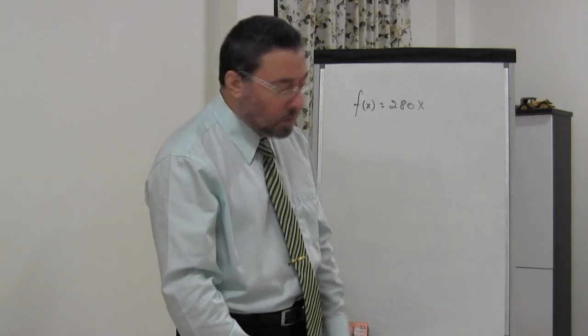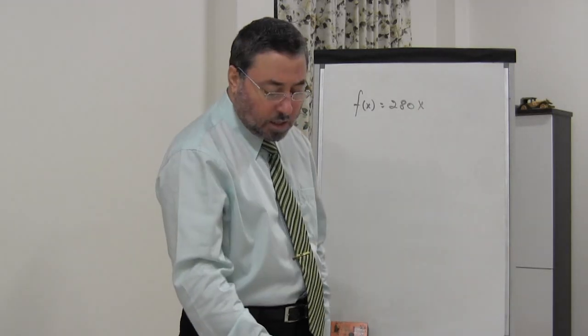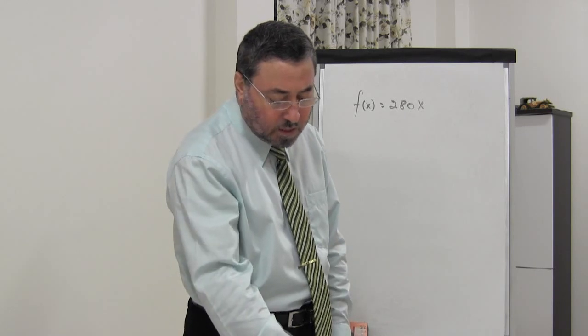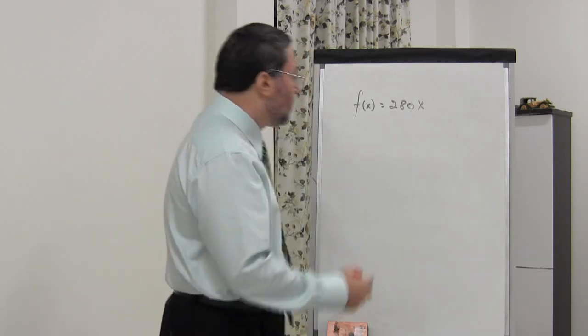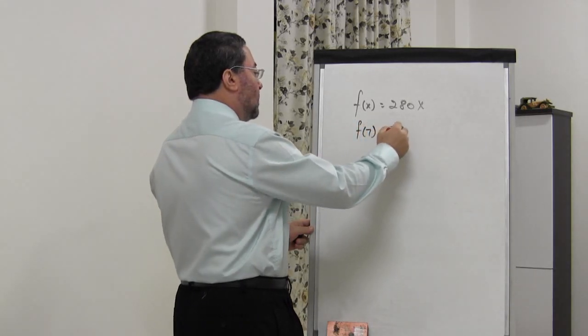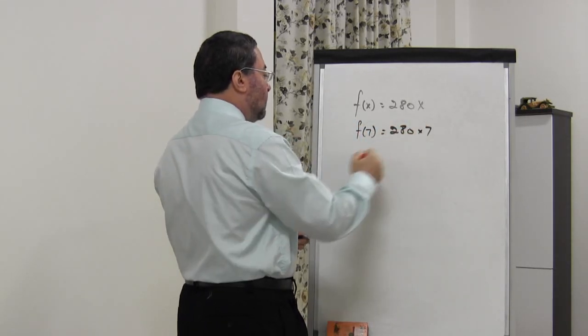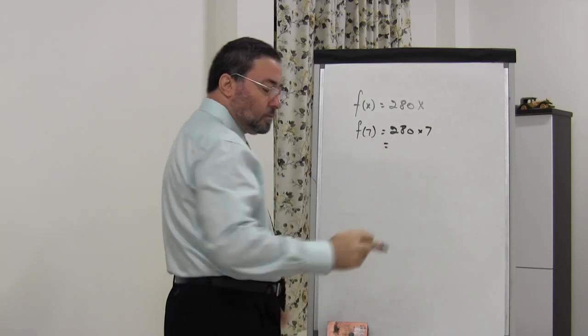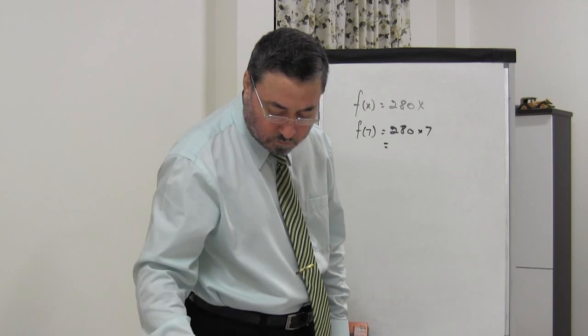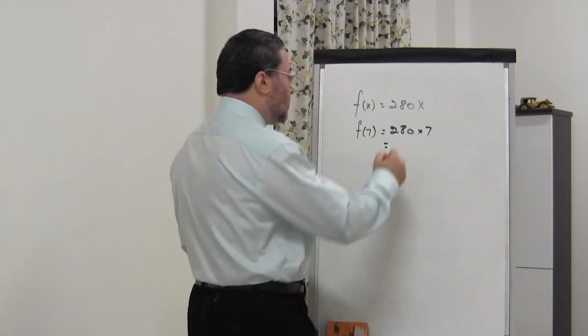So here we are going to replace x with 7 and then x with 4 1/4 of an hour and get the difference. So first, f of 7 equals 280 times 7, and that gives us 1960.